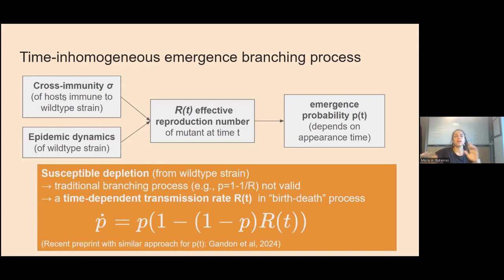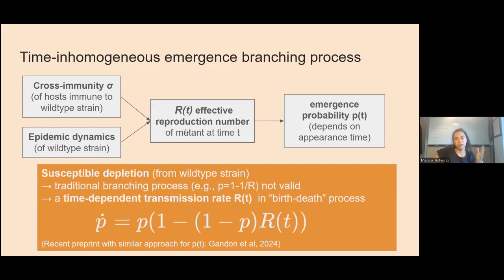So if this cross immunity is high, then very few hosts that are immune to the wild type are going to be susceptible to the mutant. But if it's low, then there's the opportunity that hosts that were immune to the wild type, either from vaccination or from infection, might be susceptible to the mutant. And that would be the case of an actual escape strain that is able to spread.